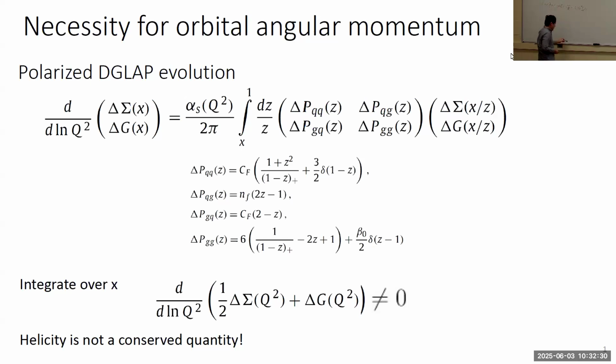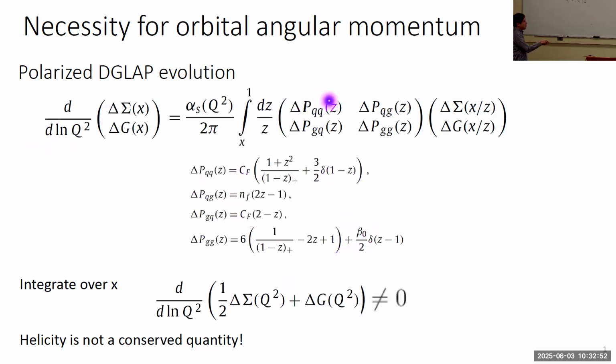And of course, they obey the polarized version of the DGLAP evolution equation. Because this is a flavor singlet, it mixes with the evolution equation for the polarized gluon PDF. And we have kernels like this.